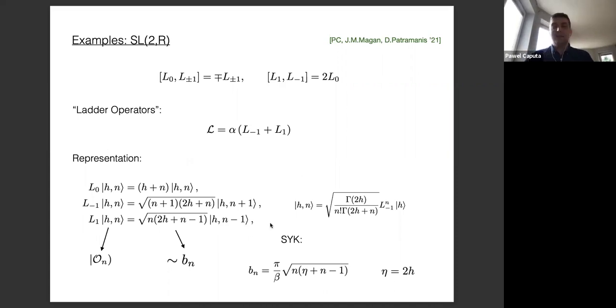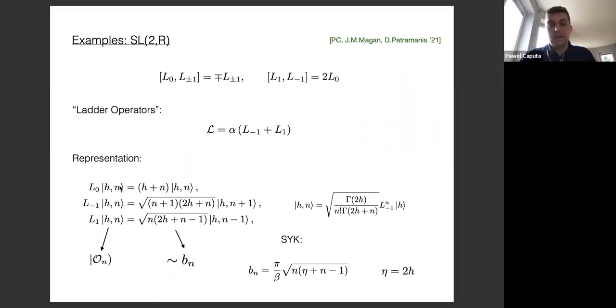So if you stare at this expression, and if you remember my results for the SYK, you can basically guess what the answer should be. You can just associate the Krylov basis state O_n with this Lie algebra state h,n.